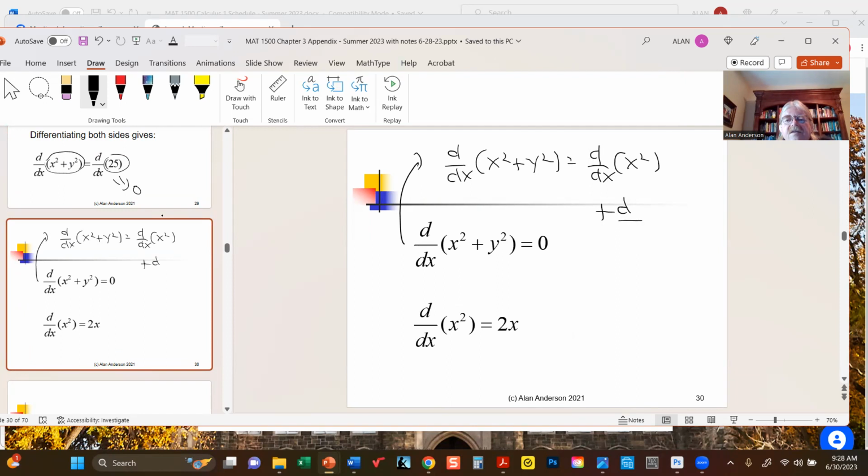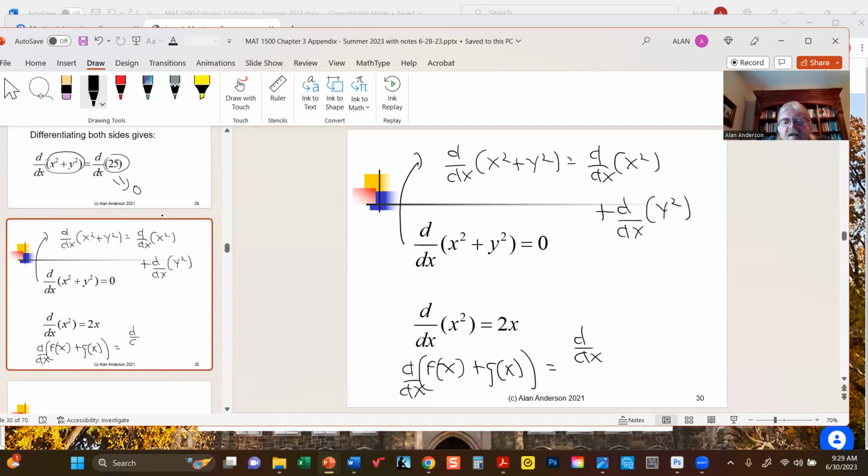And differentiate each piece of this expression separately. So you recall one of the rules that we learned was that f of x plus g of x could be rewritten as either d/dx of f of x plus d/dx of g of x, or simply f prime of x plus g prime of x.